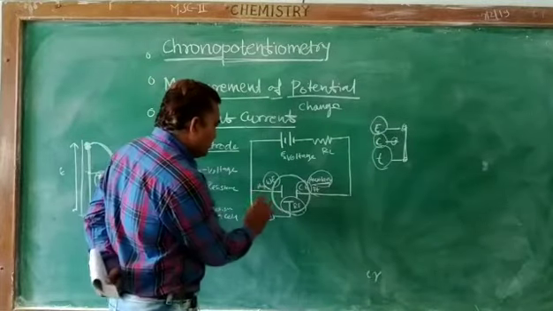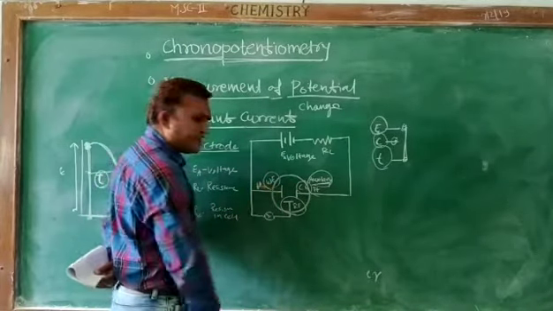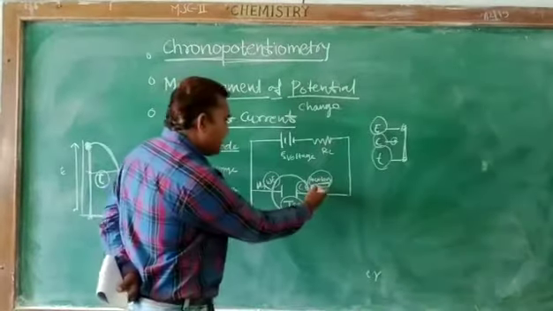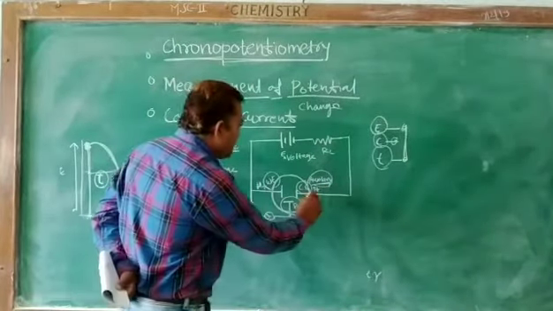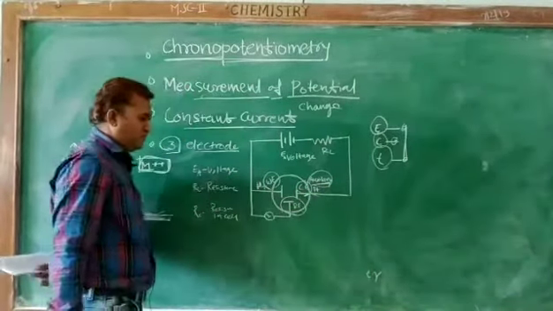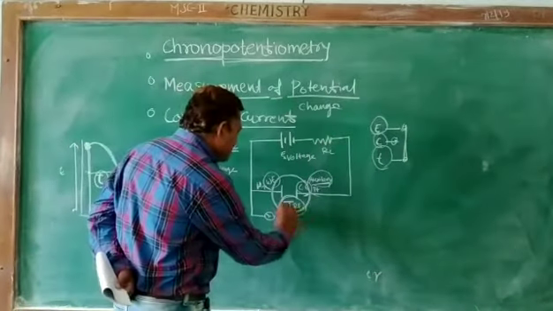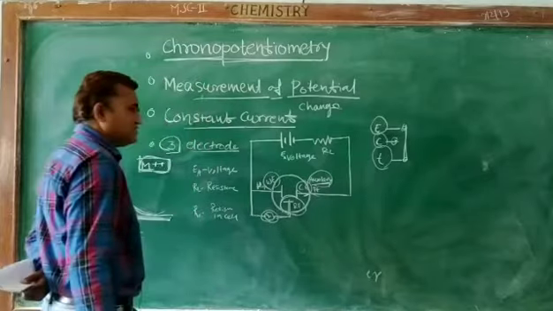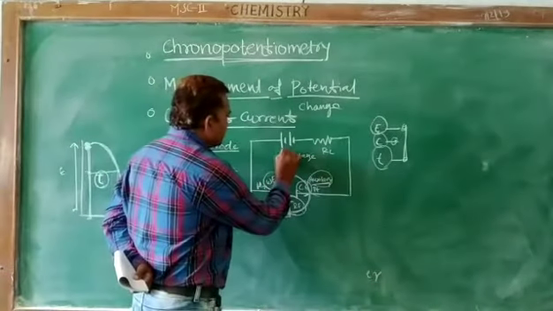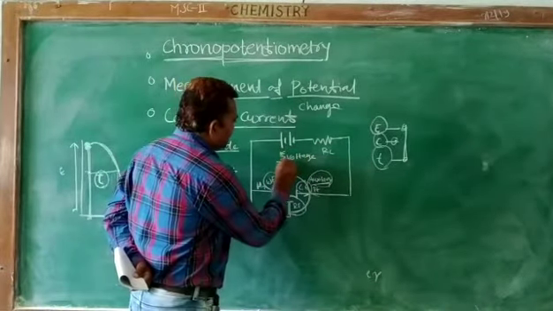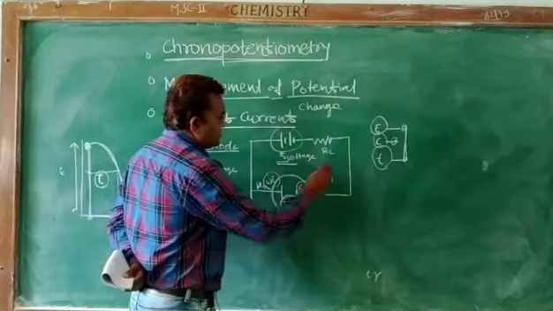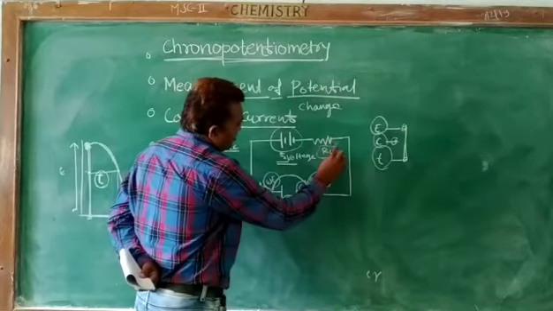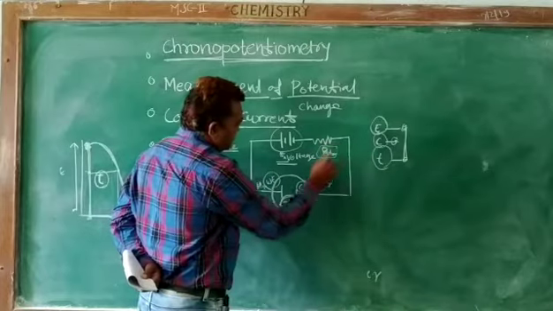We use mercury as the working electrode, platinum as the auxiliary electrode, and we attach the reference electrode.